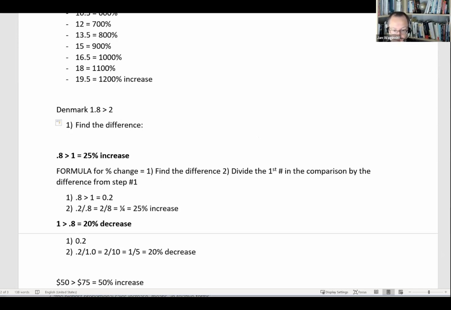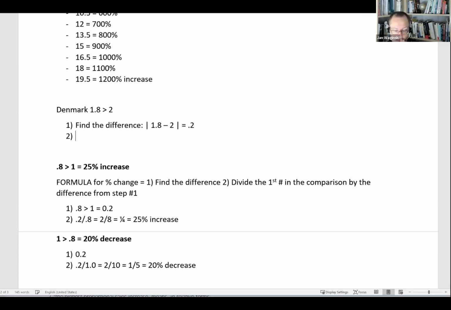Okay, what's the difference? I'm just going to use the absolute signs, |1.8 minus 2|. The absolute signs just mean that we don't care whether it's positive or negative. What's the difference between 1.8 and 2? 0.2.